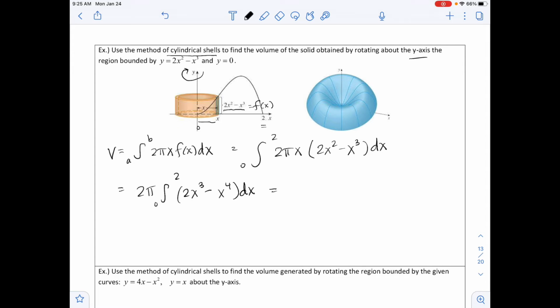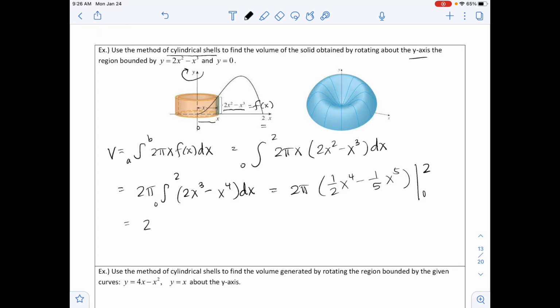If we go ahead and integrate this, we will end up with 1/2 x to the 4th minus 1/5 x to the 5th, evaluating this from x equals 0 to 2.